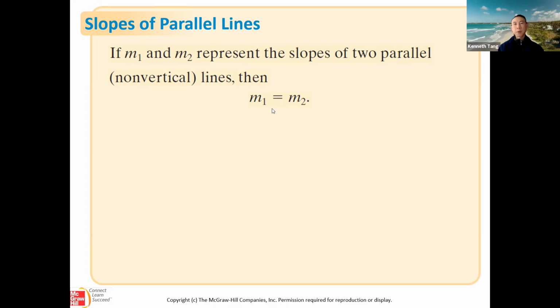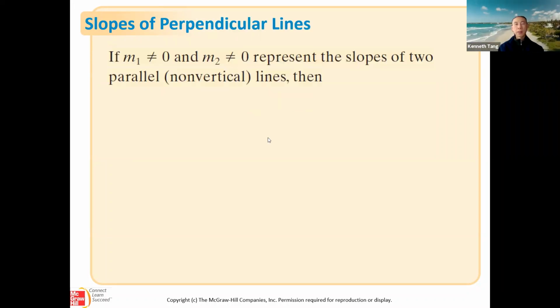Always remember, when they have the same slope, the equations are going to be parallel. On the other hand, when the slopes are not the same and are opposite and reciprocal to each other, you know they must be perpendicular.